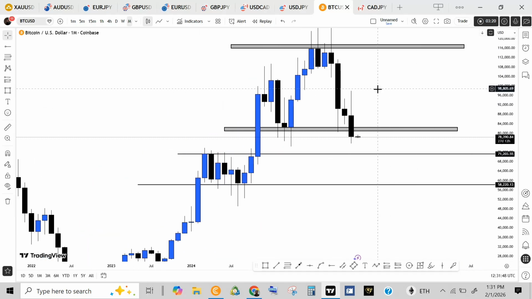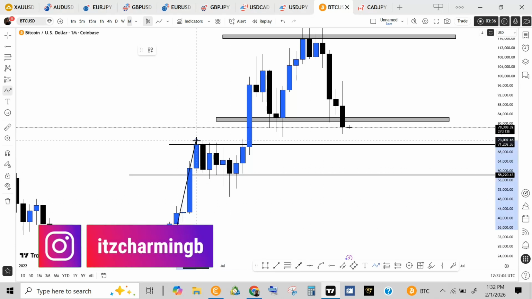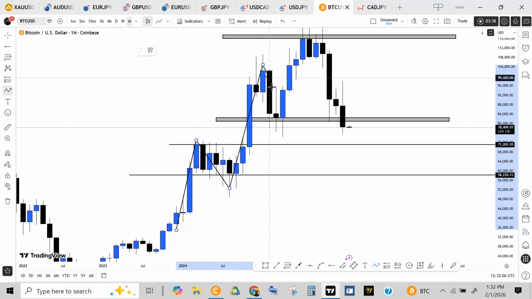So I've been able to draw out these lines quickly, and without anybody telling me, I now know that this market has clearly made, right here, a higher high, higher low, higher high, higher low, and this is a higher high.